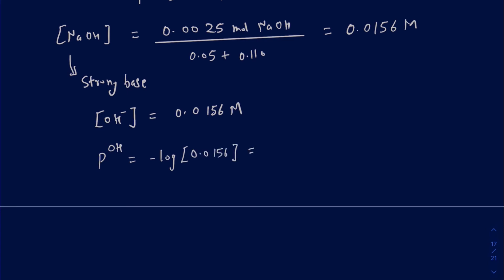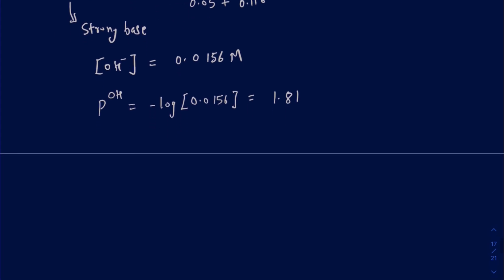So let's see what that's going to be. That's going to be 1.81, and from here on we can calculate the pH by doing 14 minus 1.81. That's going to be 12.19.